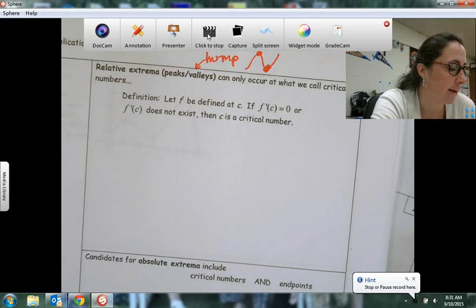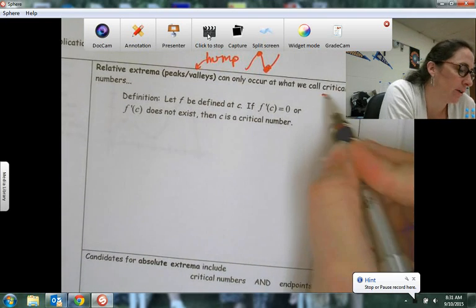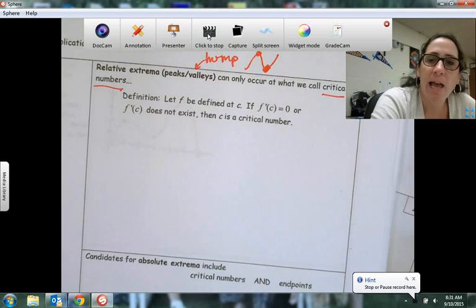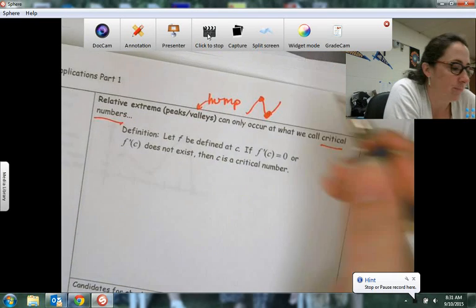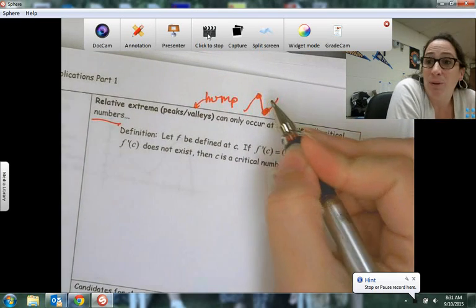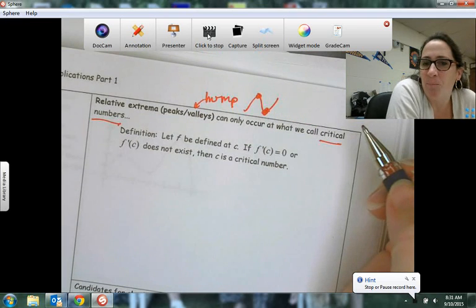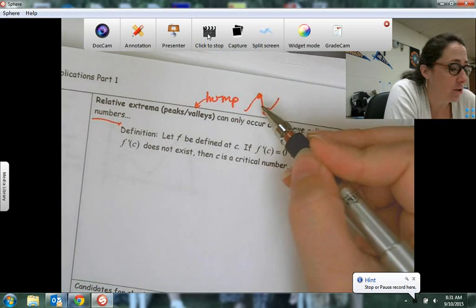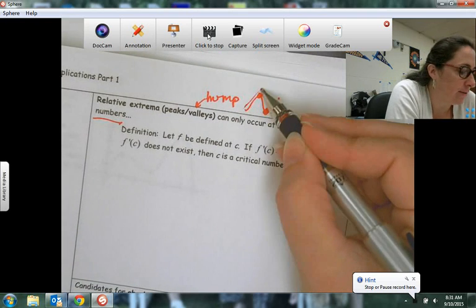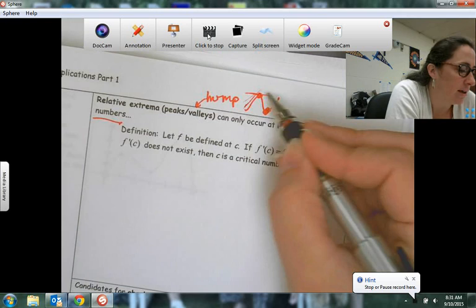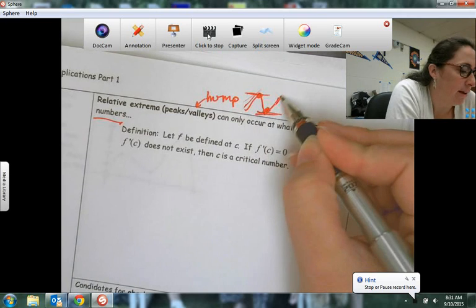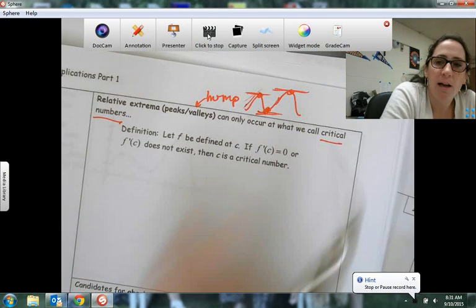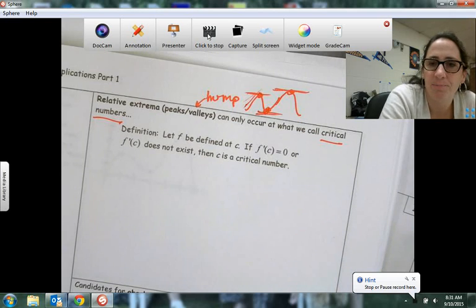So basically, this is pretty dang cool. If I want to find some critical numbers for max and min, then I'm going to set the first derivative equal to 0, or I'm going to find where the first derivative does not exist, because that can also be a critical number, and we'll see that as we go along. So these are how I find my critical numbers.